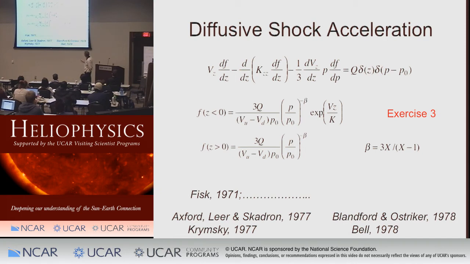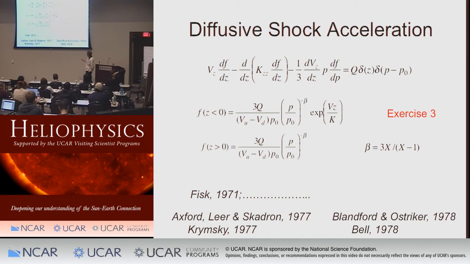In the upstream region, z going negative, I have an exponential growth to the shock of this form, e to the v z over k, times the same power law. And this makes sense. This is a convective diffusive ramp. Upstream of the shock, you have a buildup to the downstream level of intensity of the distribution function.